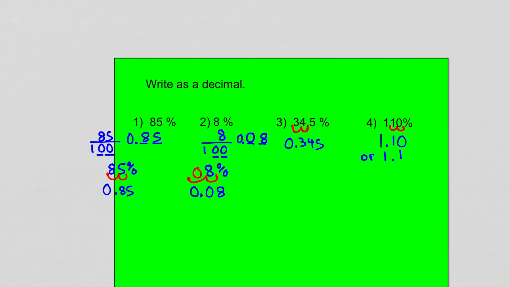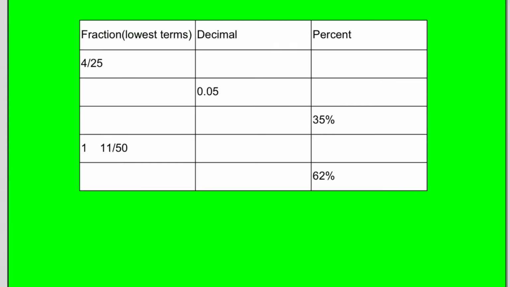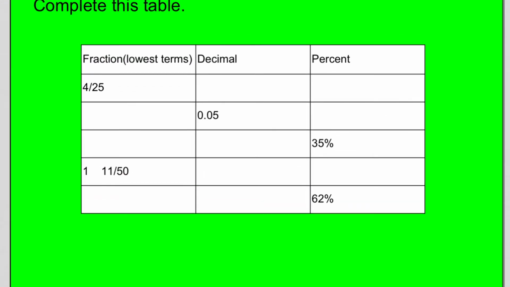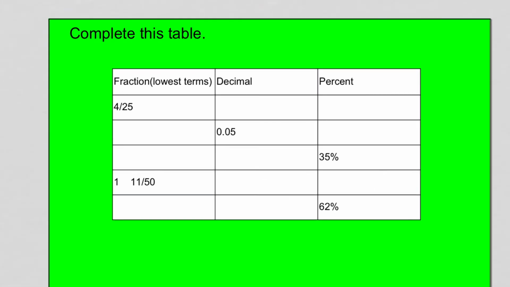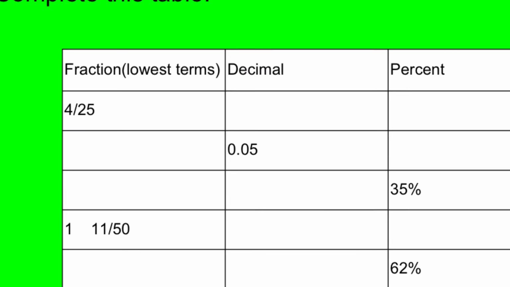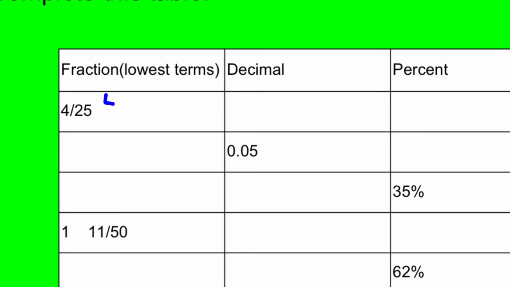Now let's combine everything together. We should be able to start with any different conversion now and move forward to the other 2 forms. So if I start with the fraction 4 over 25, I'm hopefully going to recognize that that's a base out of 100 or 10 or 1,000.